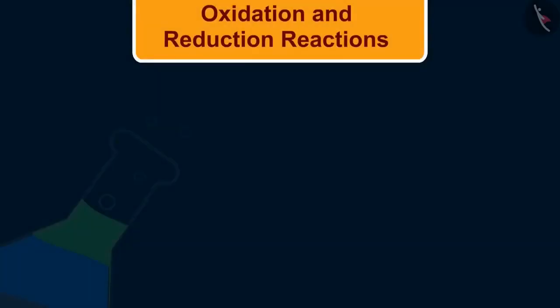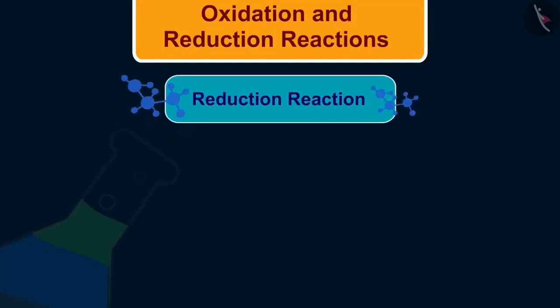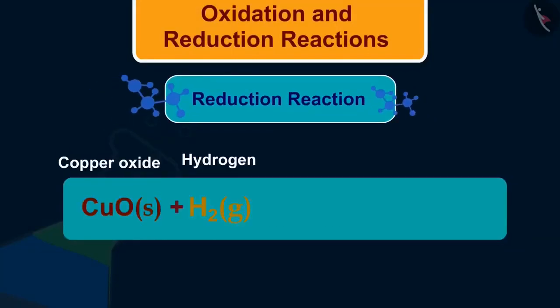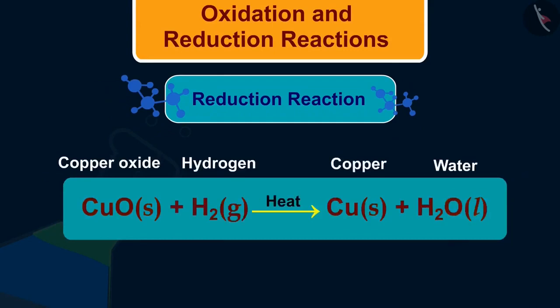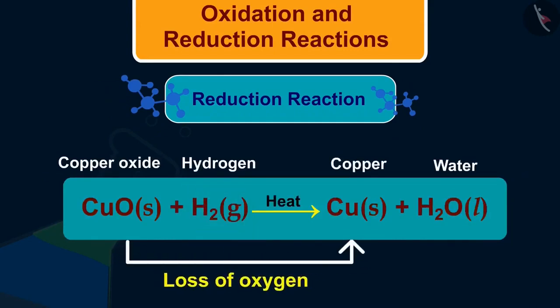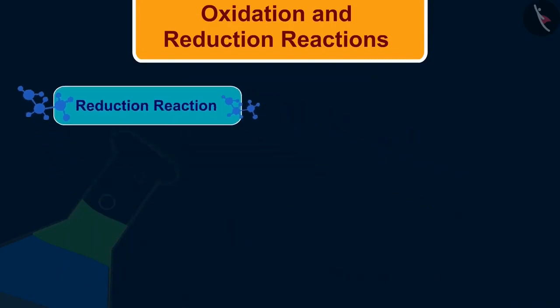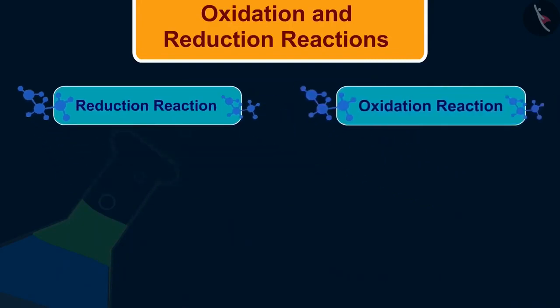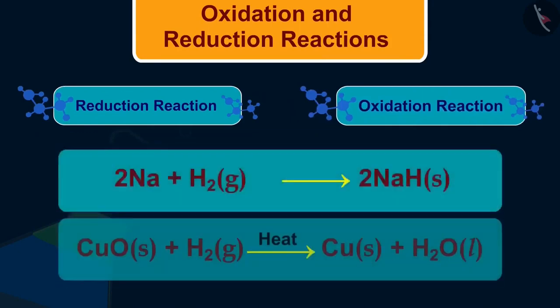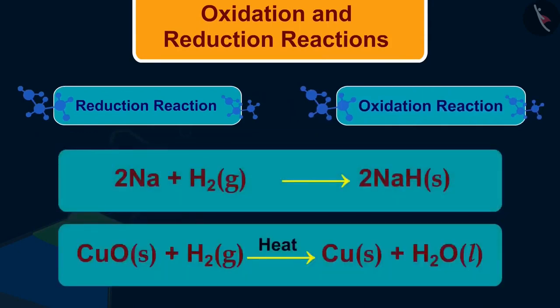Let us now learn about the reduction reactions. Whenever a reaction results in an increase in hydrogen or loss of oxygen in a substance, such reactions are called reduction reaction. Friends, let us now understand oxidation and reduction in more detail through two examples.